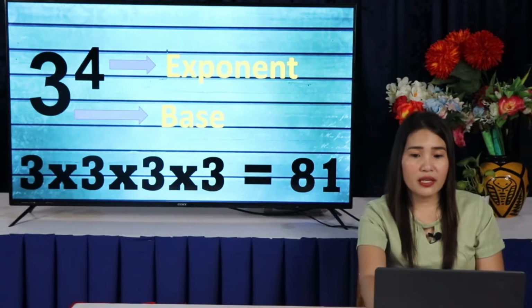In other words, 3 raised to 4 can be read as 3 to the power of 4 or 3 raised to 4. And when we simplify the expression 3 raised to 4, which would mean 3 times 3 times 3 times 3, this gives you the result of 81.